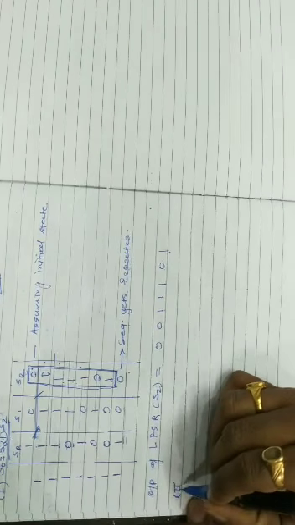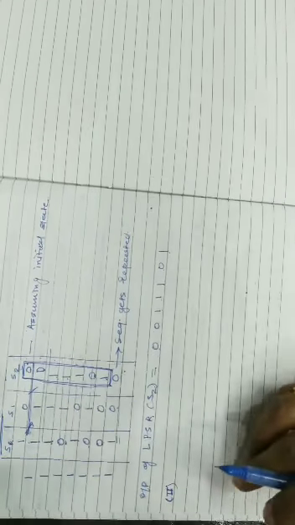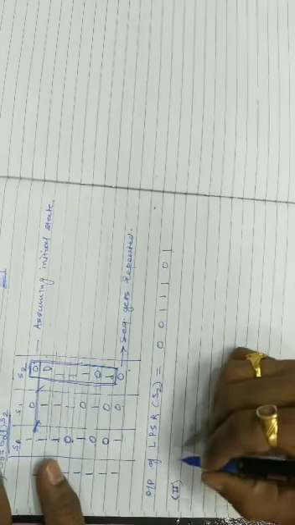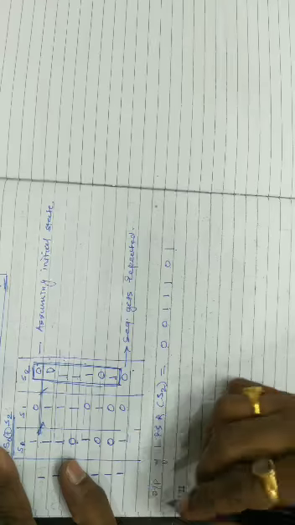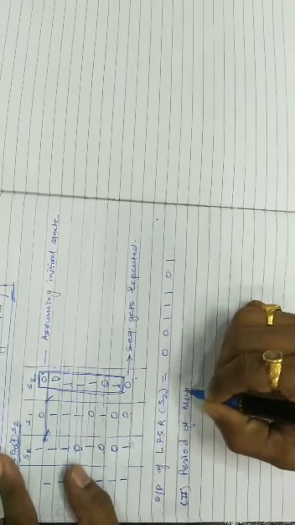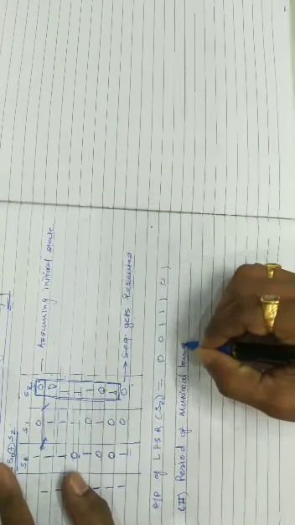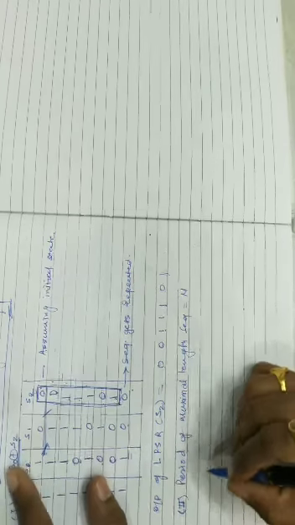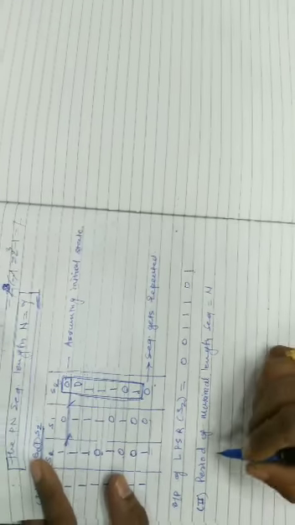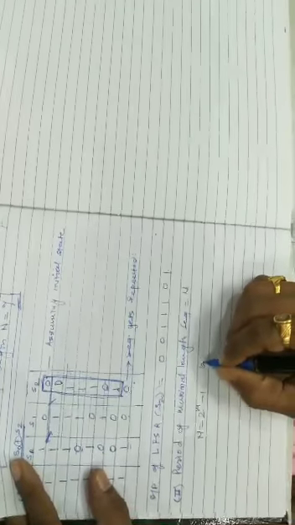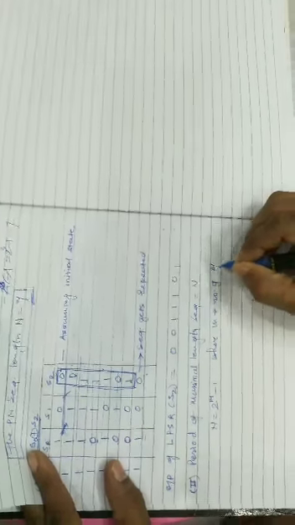Now let's start with the second part. We have already covered the second part at the beginning of this problem, but again we'll consider it over here. The period of the maximal length sequence is equal to n, and this n basically depends on the number of flip-flops. So the value of n is equal to 2 to the power m minus 1, where m is nothing but the number of flip-flops.